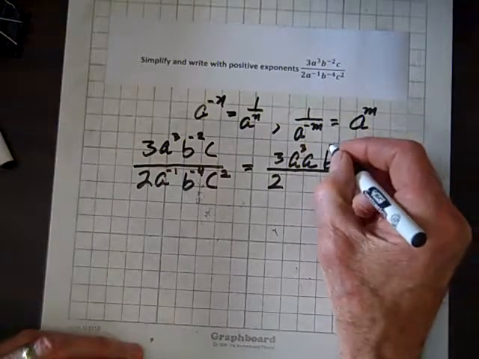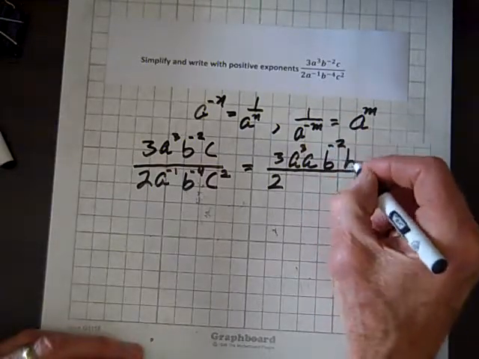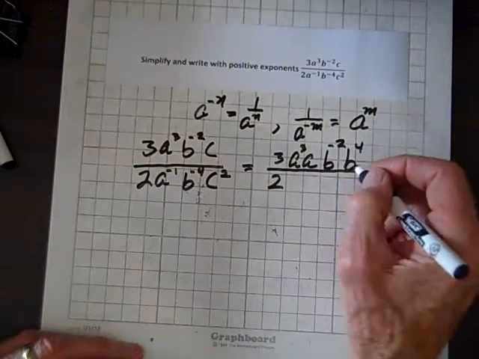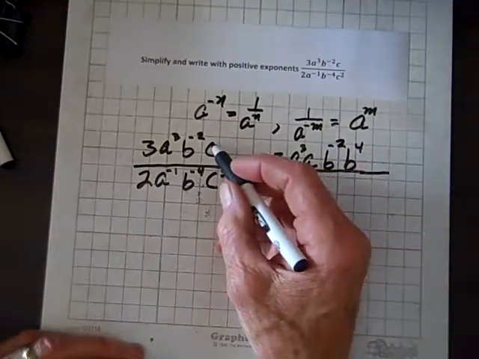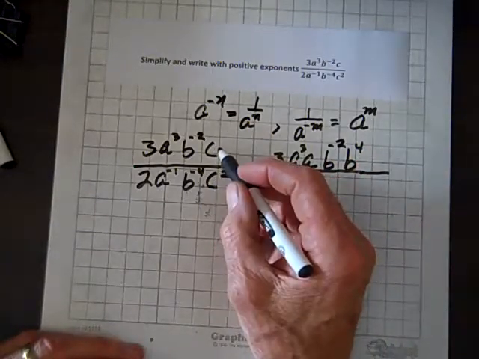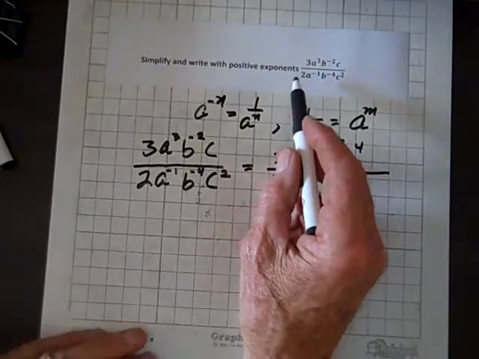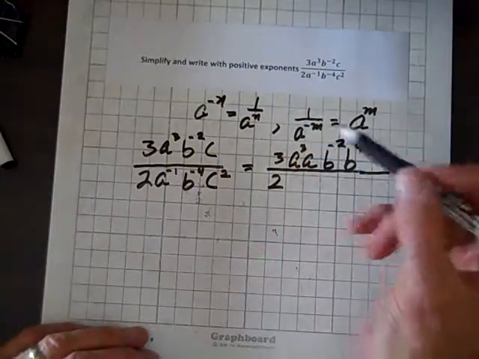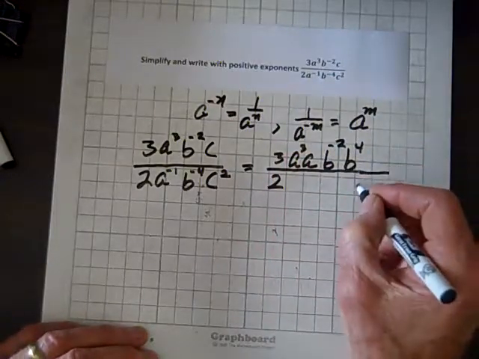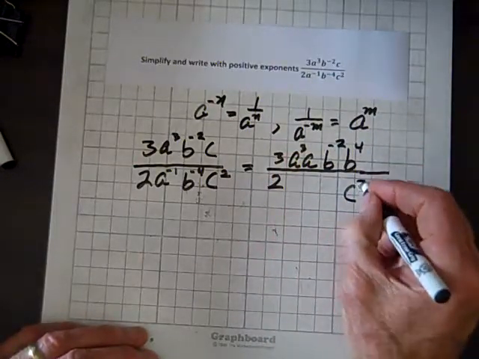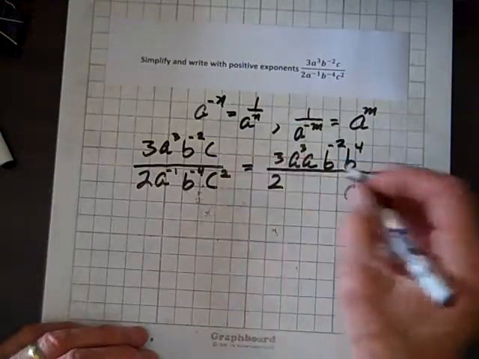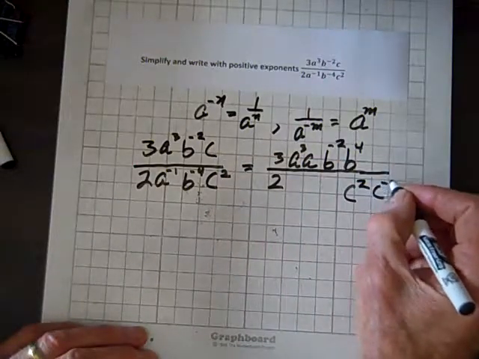So we have b to the negative 2, b to the 4th. And I'll move this downstairs because we must write our final result with positive exponents. So I'll have c squared, and when I move this downstairs, that'll be c to the negative 1.